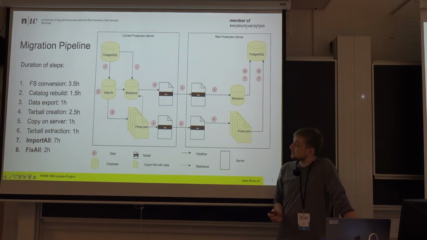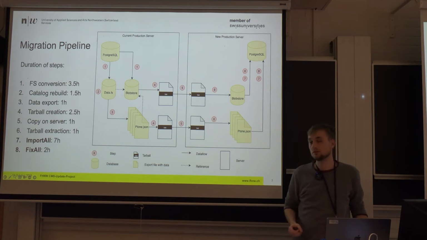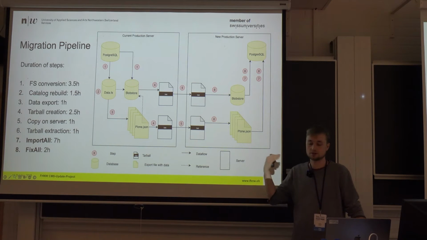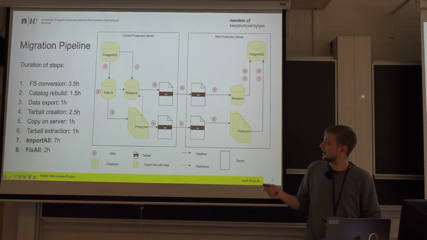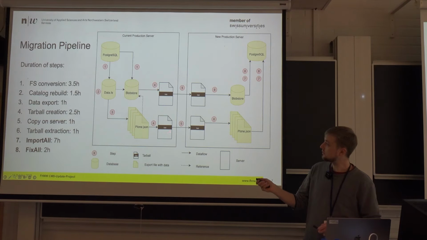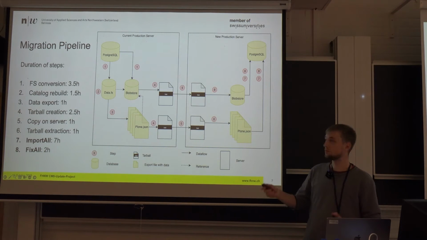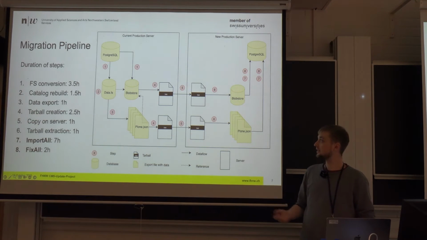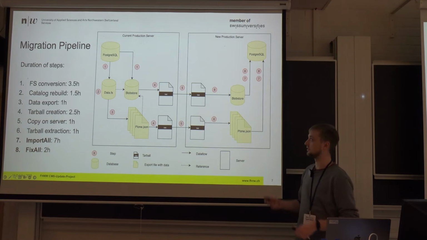Yeah. Then second step, the exporting of data needed a fresh catalog, right? So you find every object you need. Then the actual export of the data itself happened. And this is the place, step 4, where we could have done things differently by using a shared folder between these two systems, but we decided to just create tarballs, copying them over and extracting them.